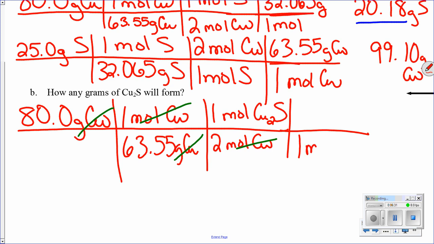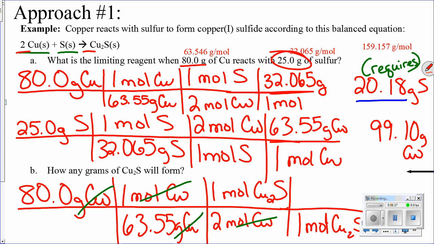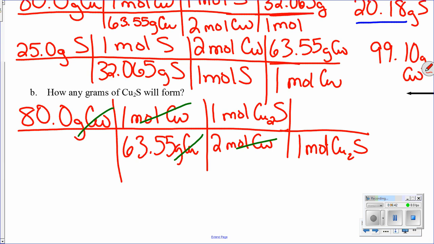So 1 mole of Cu2S. I'm going to look back up here to grab my gram formula mass, which is 159.157. Which takes me right into grams.